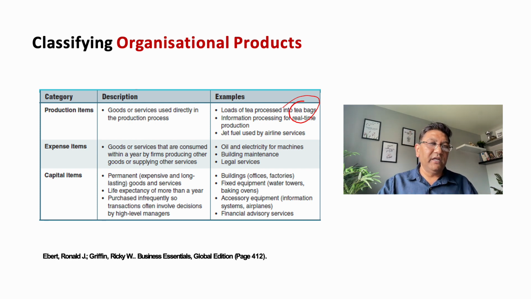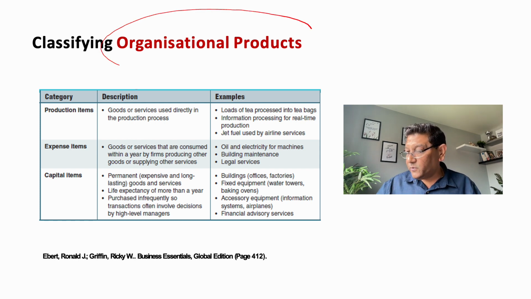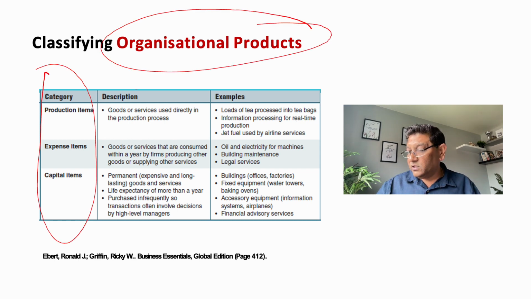And you might need to keep that 500 bags in inventory, which is again an extra cost as well. That is what we are going to learn later on when we talk about the cost of ownership or some other topic. But the main thing we need to learn here is that organizational products have those three types of categories as well.